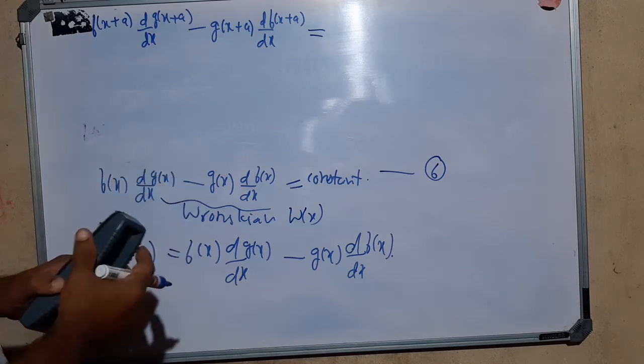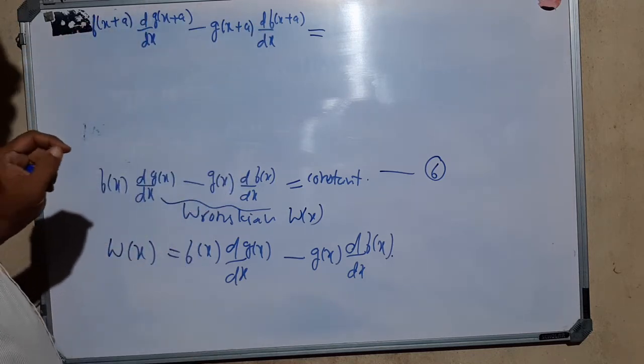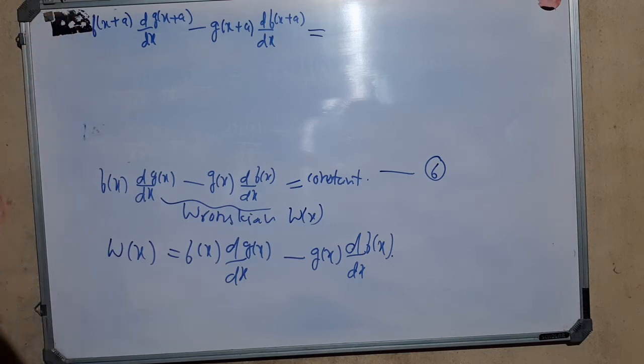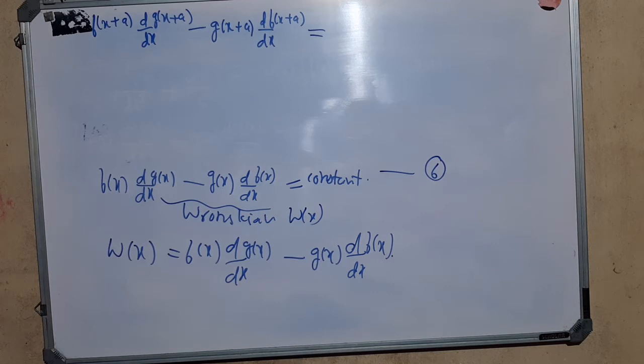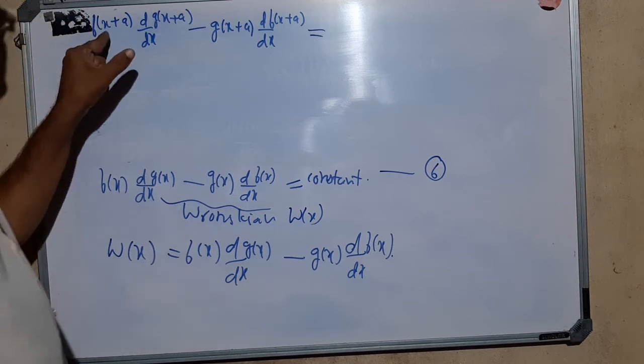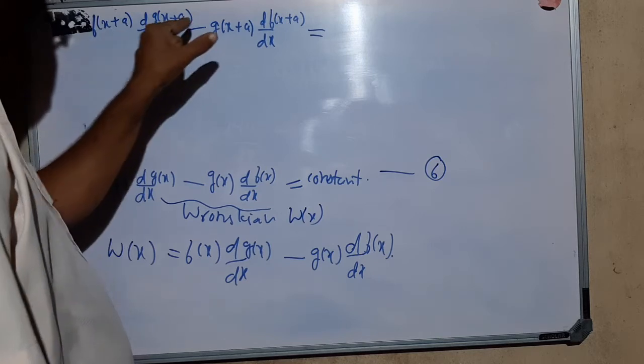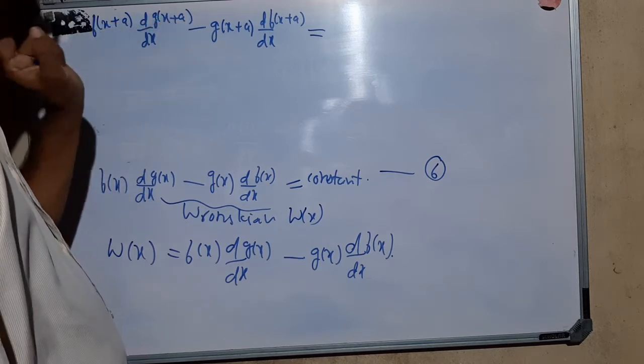What you have to do is, now you use your equation number 3, where you have the expression for f of x plus a as alpha 1 into f of x plus alpha 2 into g of x. Similarly, g of x plus a is equal to beta 1 into f of x plus beta 2 into g of x. So, in this place, you have to replace f of x plus a and g of x plus a.